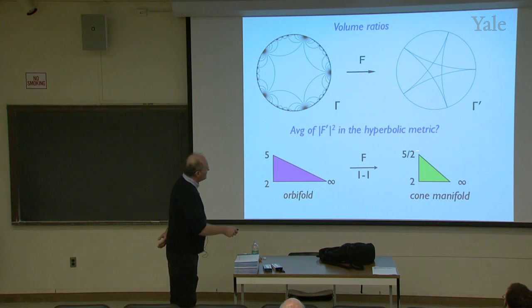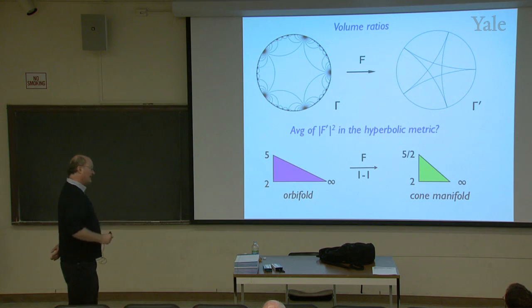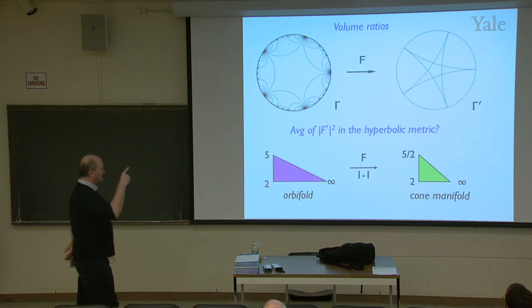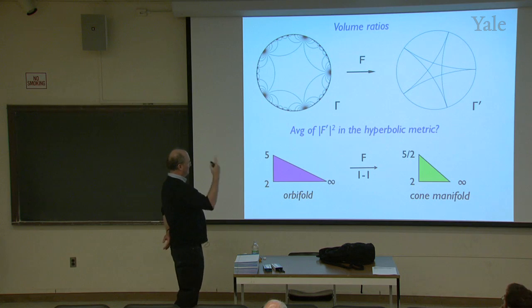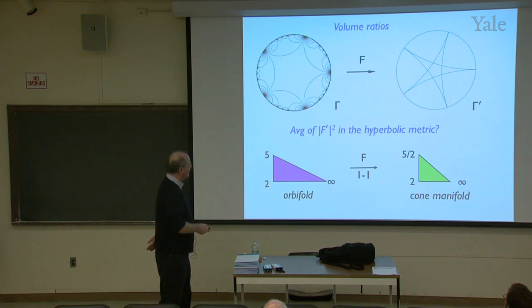There's a corresponding cone manifold on this side whose holonomy gives this indiscrete group gamma prime. And the fact that it's this Galois conjugation can be seen here in the fact that 5 was replaced by 5 halves. So at this vertex, we have a cone manifold that's not locally modeled by the quotient of a hyperbolic plane by a finite group, but it's a cone manifold in the sense of Thurston.